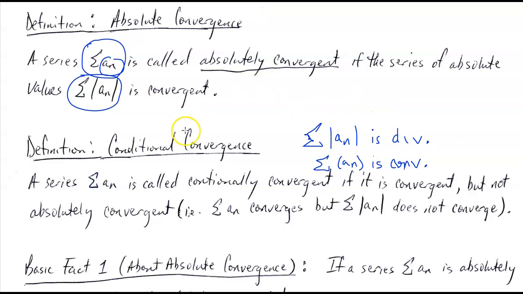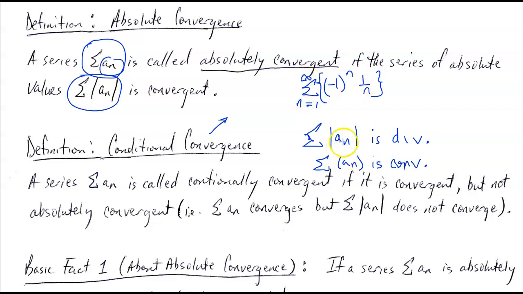Again, a good example of conditional convergence is the alternating harmonic series. Okay, and we're going to see this again. So this alternating harmonic series here is a good example of conditional convergence.